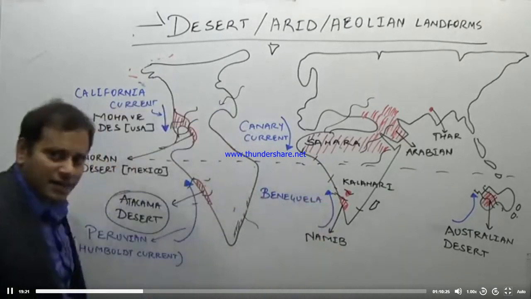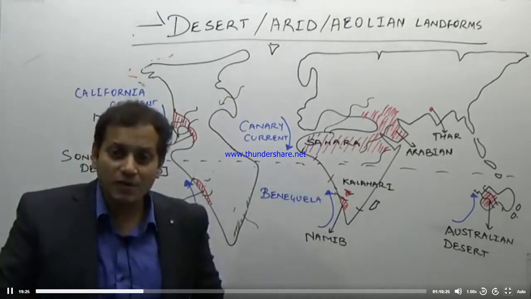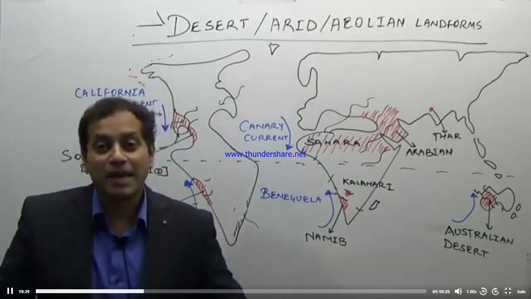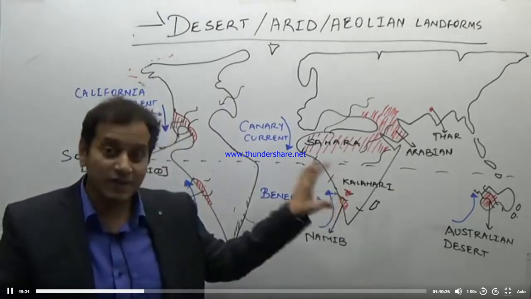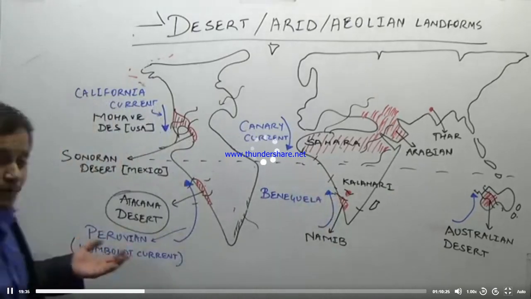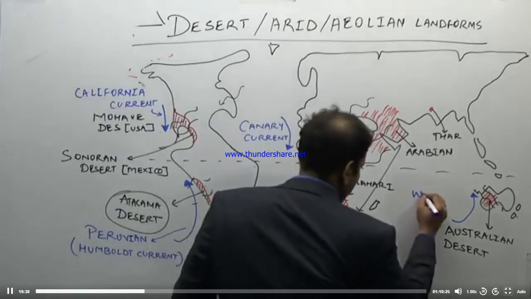Now the Kalahari Desert, obviously the same part. Why is it famous? A famous movie is based on this. It is where the diamonds are found, and Blood Diamond is based on the story here of the Kalahari Desert. The Australian Desert is washed by the West Australian current.